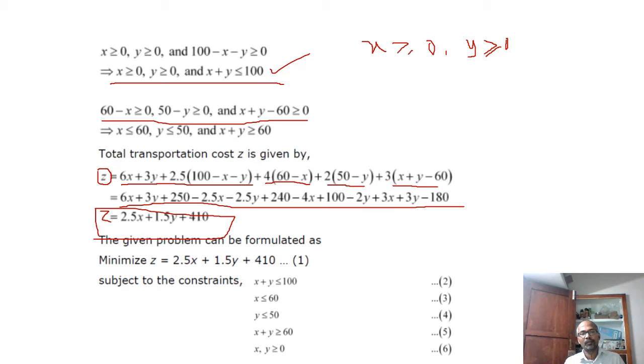So finally the linear programming problem reduces to minimization of this objective function subject to these many constraints. Now next we are going to solve it graphically. For that we have to draw all these graphs: 1, 2, 3, 4, 5, 6. 6 graphs we have to plot.